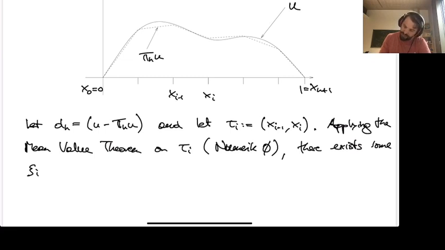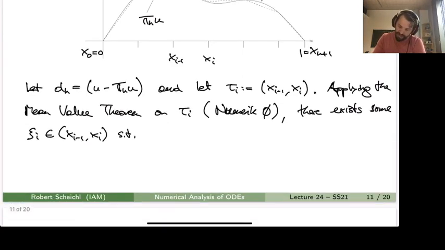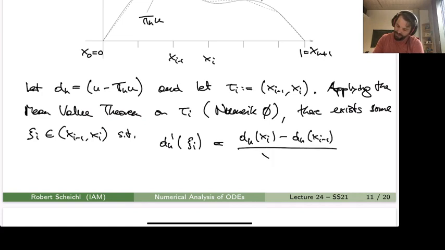So there exists a point xi_i in the interval x_{i-1}, x_i, so in the interval tau_i, such that by mean value theorem, d_h primed at xi_i, so the derivative at xi_i of this function, is in fact equal to the mean value at the endpoints, so is equal to d_h of x_i minus d_h of x_{i-1} divided by x_i minus x_{i-1}.